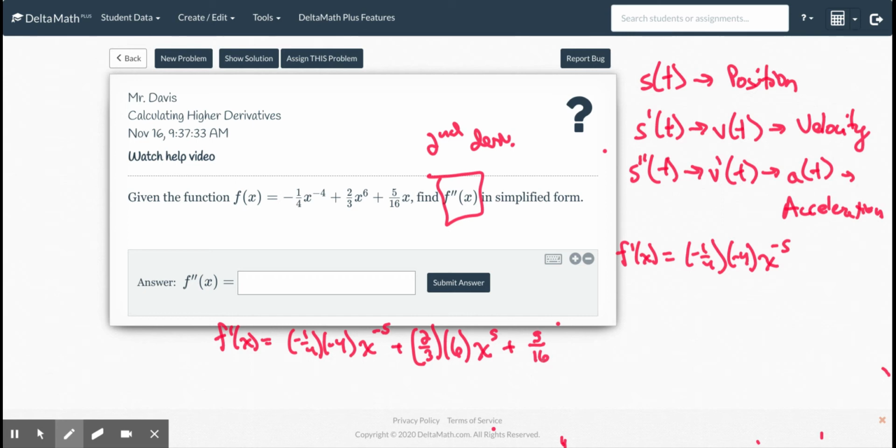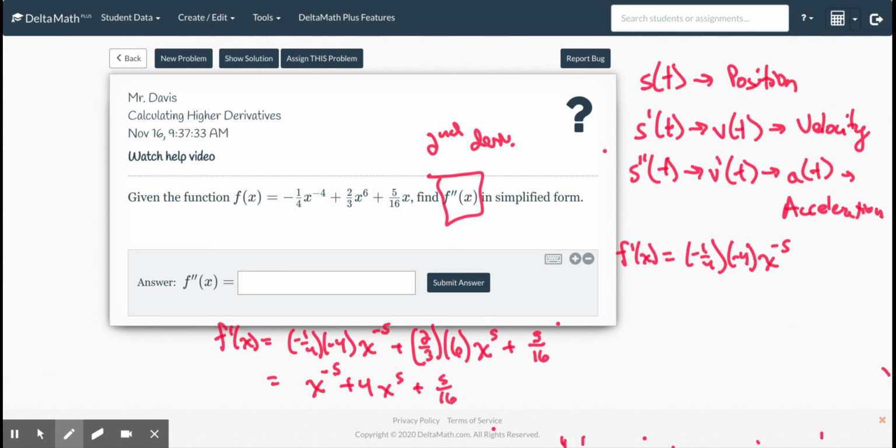And obviously we'd want to simplify that a bit. So this would actually become just +1, -1/4 times -4 is just +1, x to the -5th. And then 2/3 times 6 would give us 4. So +4 x to the 5th plus 5/16. So that's our first derivative.